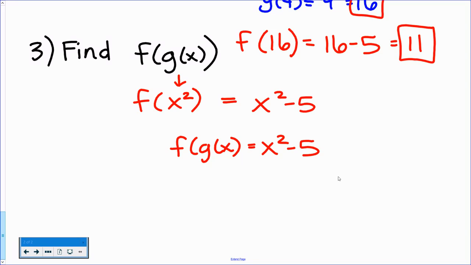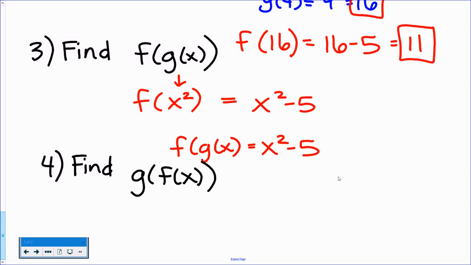If I asked for the other way around and I said find g of f of x, now I'm doing the reverse. I am taking f of x as my inner function, and I'm going to replace the input in g of x. So what am I plugging into g of x? I'm plugging in x minus 5.